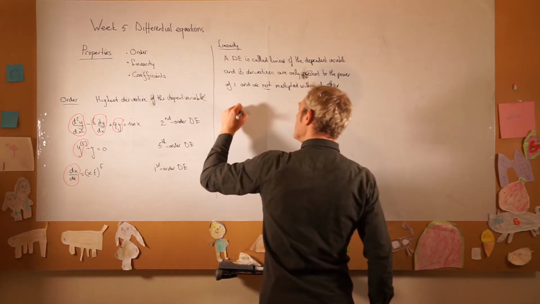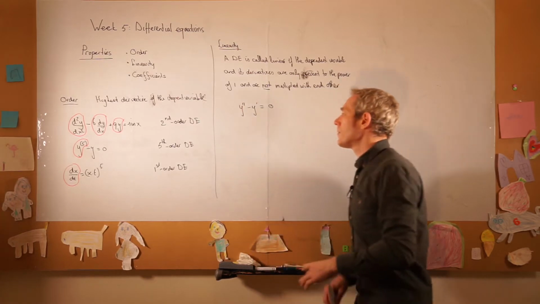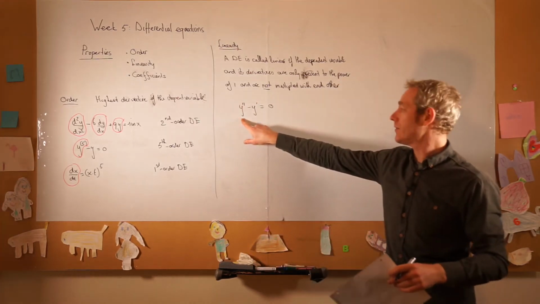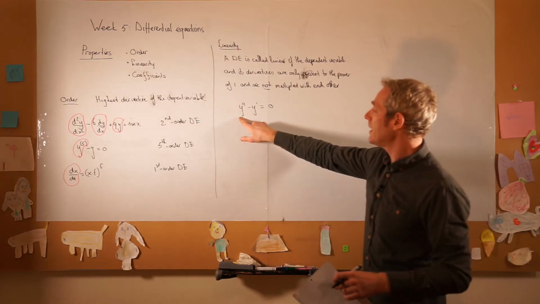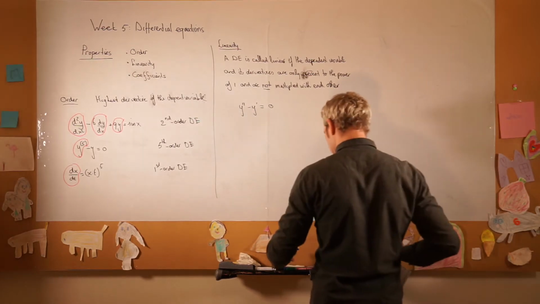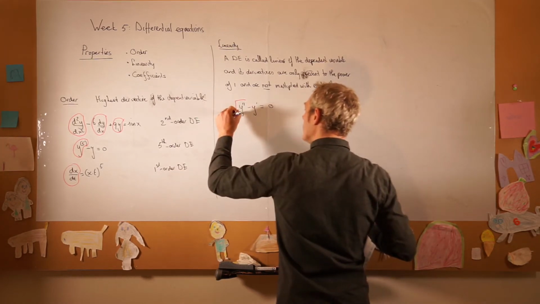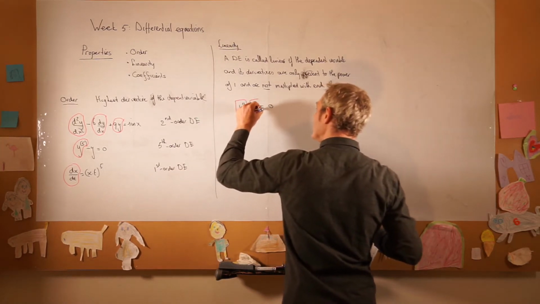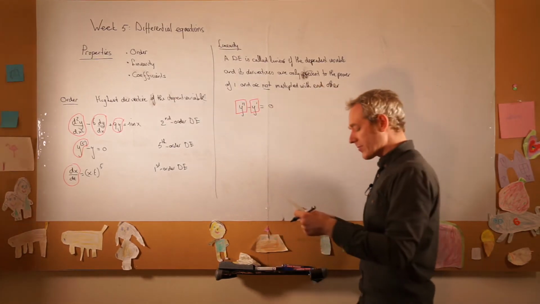If we have the second order derivative minus y equals 0, we have here the second order derivative. This is simply shorthand for the second derivative. We have this entity here to the power of 1, and we have the first derivative to the power of 1, and they're not multiplied with each other.